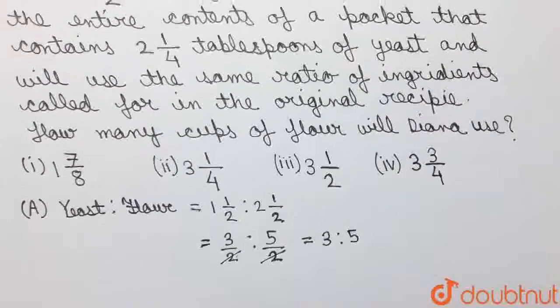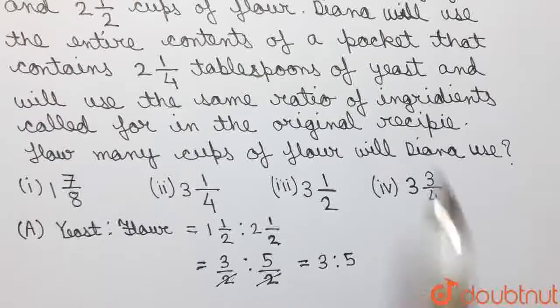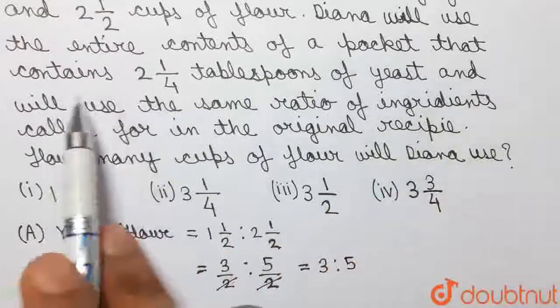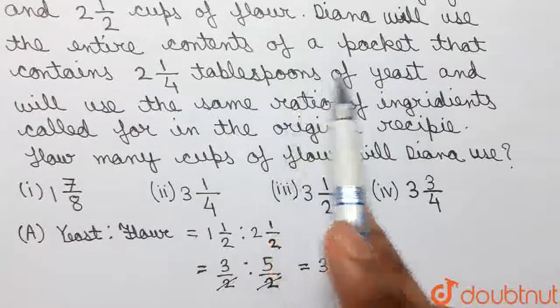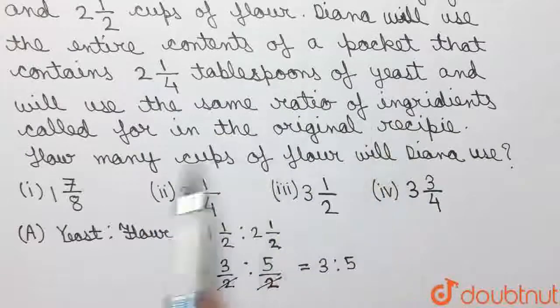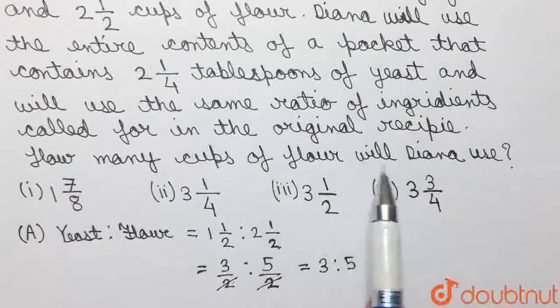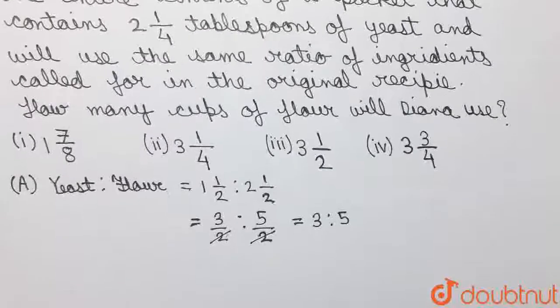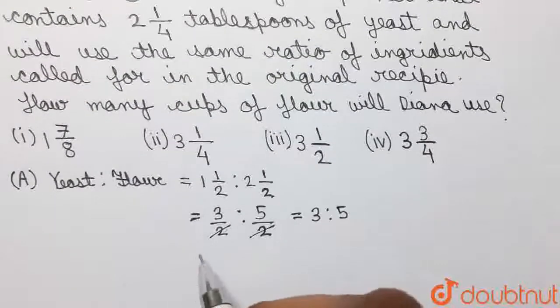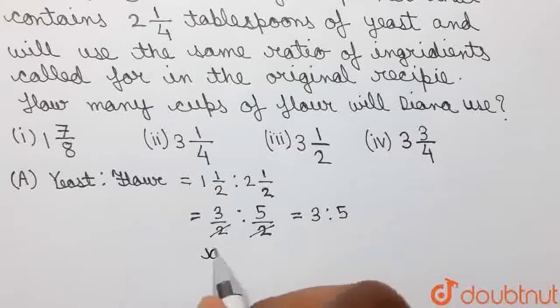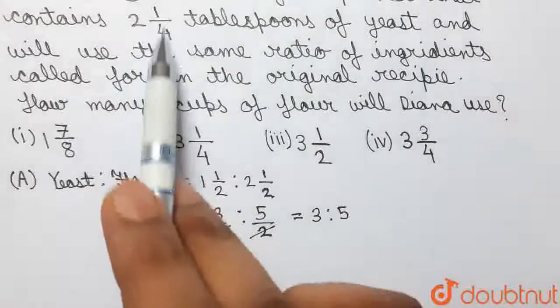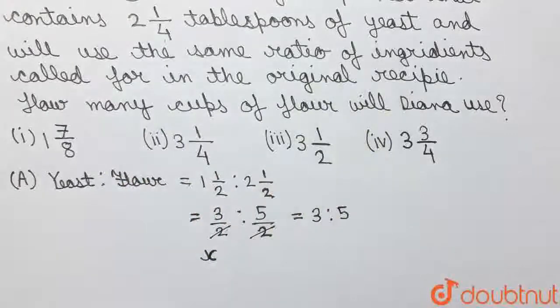Now the question also says that Diana will be using the entire contents of a packet that contains 2 whole 1 by 4 tablespoons of yeast, and we are required to find how many cups of flour Diana will use. So let us assume that she will use X cups of flour, and she is using 2 whole 1 by 4 tablespoons of yeast.